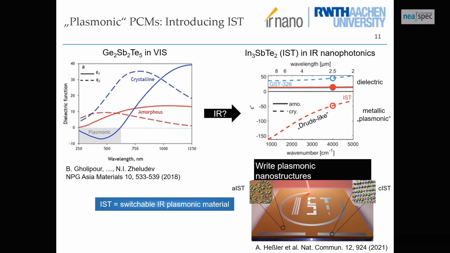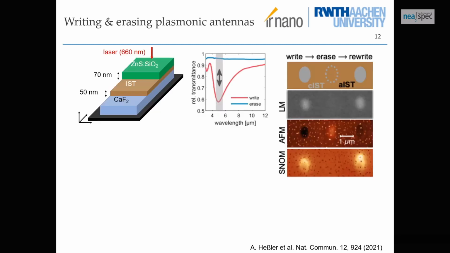But this IST material is very different because it has a Drude-like dielectric-metallic response in the crystalline phase, and in the amorphous phase it's a pure dielectric with a similar permittivity to amorphous GST, but upon switching it turns metallic. This is the perfect material to simply write plasmonic structures into the film.